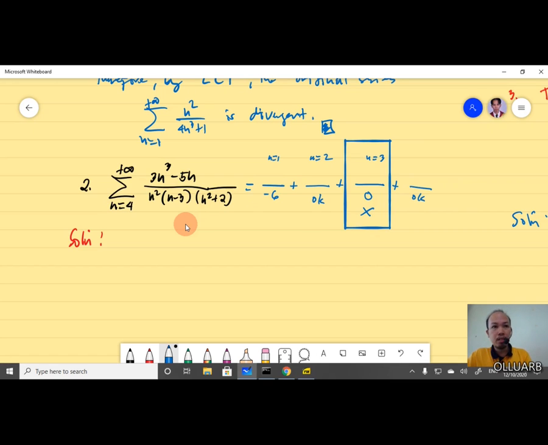So just like before, in the first example, in determining the convergence or divergence of the series, we know that only the leading details matter, meaning only those numbers that are large enough.